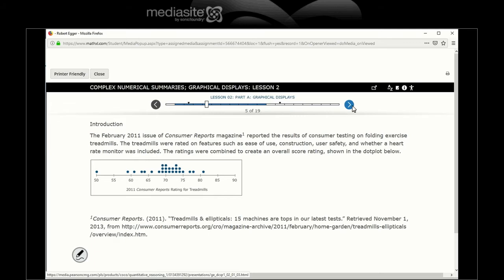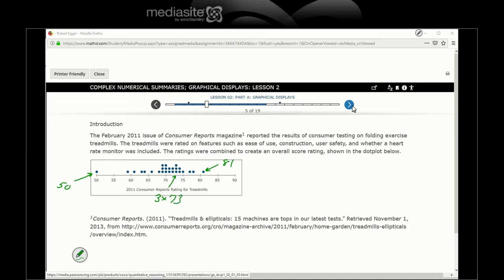It looks like they were looking at 15 machines, which means someone gave this machine a score of 81 out of 100. Another machine was given a score of 50. Here we had 3 scores of 70, 71, 72, and 73 ratings.